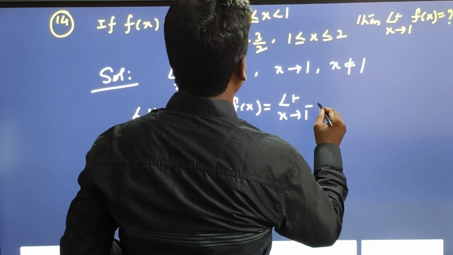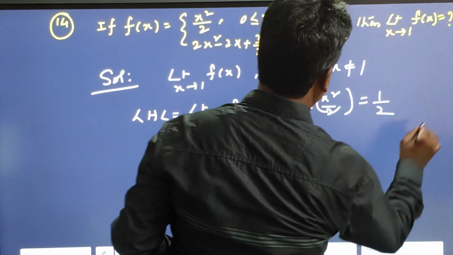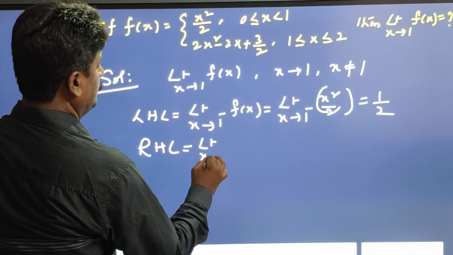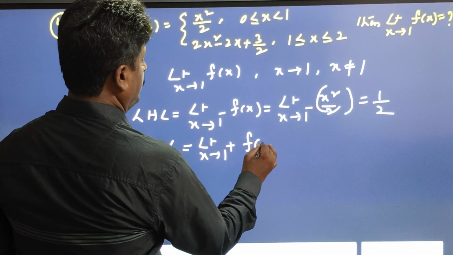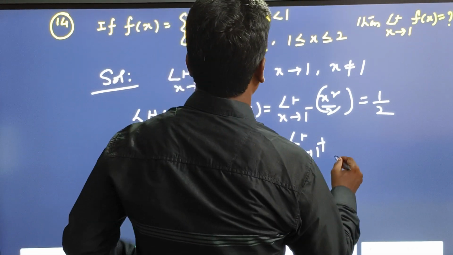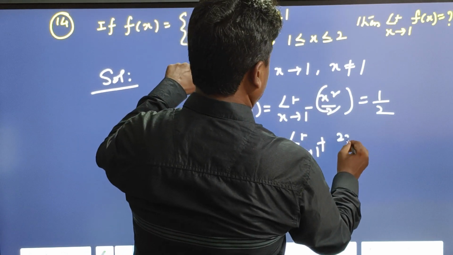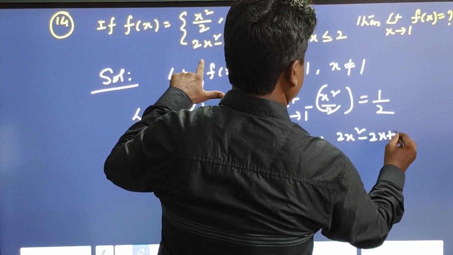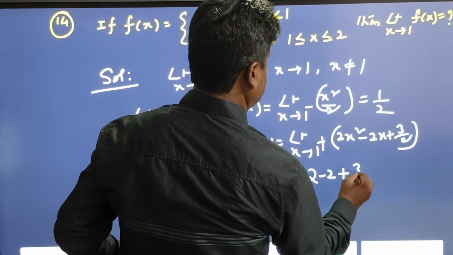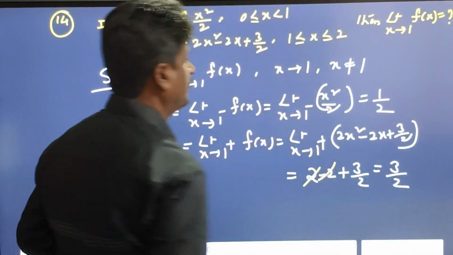Limit as x tends to 1 minus of x²/2 is equal to 1/2. Limit as x tends to 1 plus of f(x): x value greater than 1 case, (2x² minus 2x plus 3)/2, which is (2 minus 2 plus 3)/2, equal to 3/2.